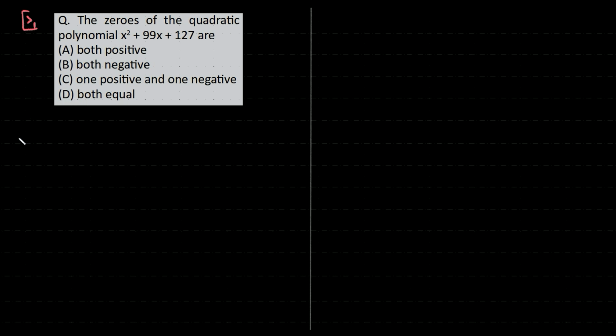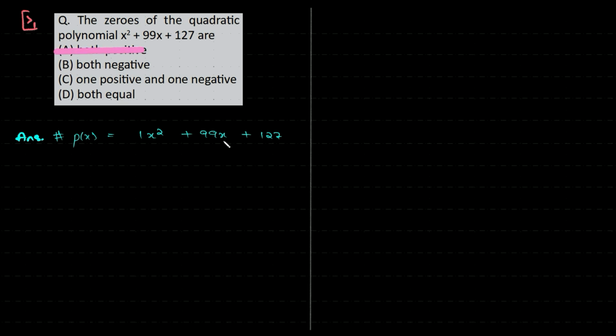We have a polynomial which is entirely made up of positive values. The question is, can the zeros be positive altogether? Clearly not. Why?